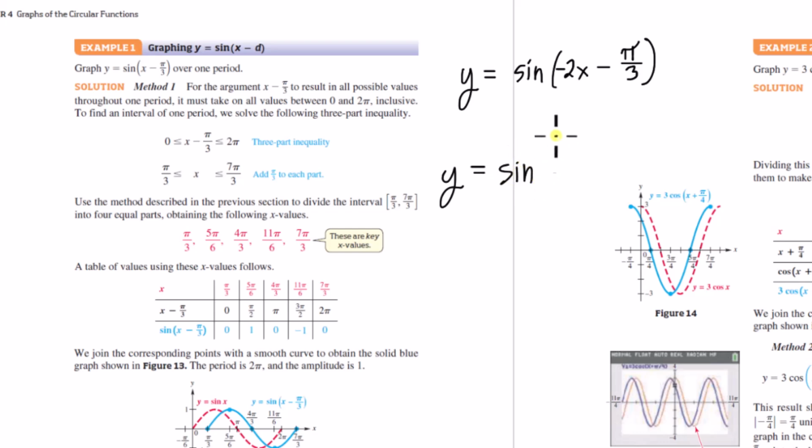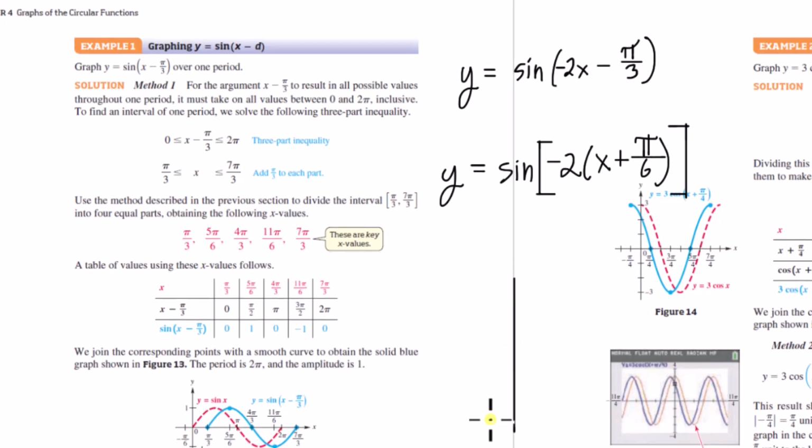You can factor out a minus 2, and then you've got x plus pi over 6. And the way you look at this is you shifted it to the left pi over 6. Then, without moving the origin, you scaled it down by a factor of 2. And then you flipped it about a y-axis that was shifted with the origin.